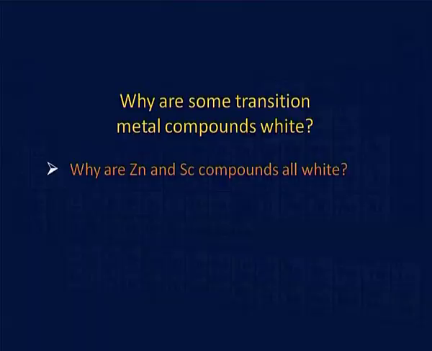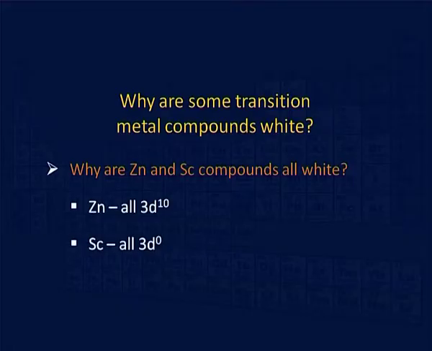In addition to cuprous chloride, some compounds of zinc and scandium are also white in color. Suppose we have a compound of zinc or scandium, we will have either 3d10 or 3d0 electronic configuration. So, one thing comes to our mind: that the color may have some relation with the number of unpaired electrons.